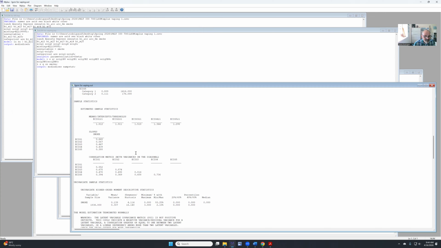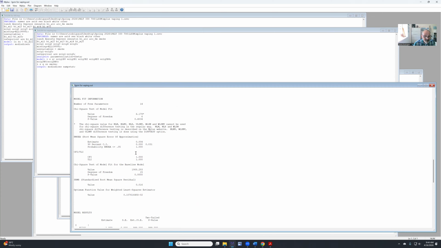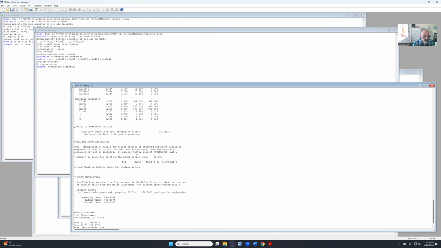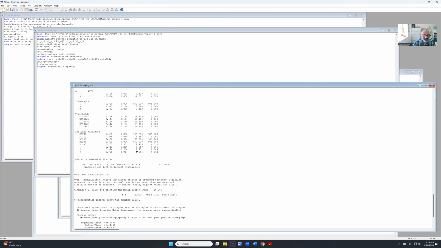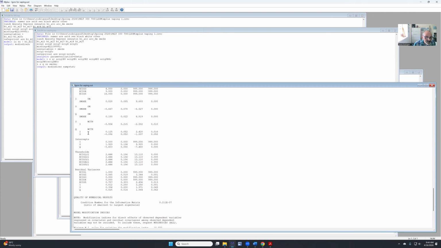That gives me this stuff, but I'm looking for the correlations among the latent variables. And I don't get that here. Oh, I'd have to remember what that code is. Actually, I do get the correlations here. Sorry about that. These are the correlations among the latent variables.